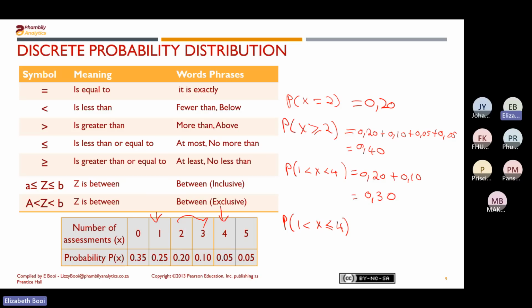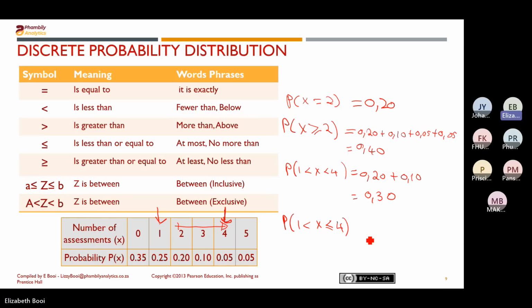What does that mean? Looking at the sign, the first one says exclusive, so we start at 1 but it does not include 1, and it ends at 4. You always have to highlight all those values between them, so that you are aware where you need to stop. It does not include, it includes, so it means it's all these values here: 2, 3, and 4.